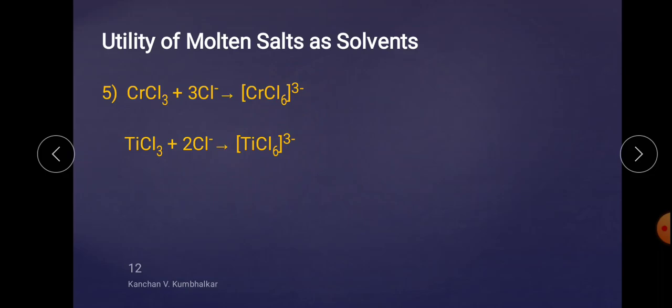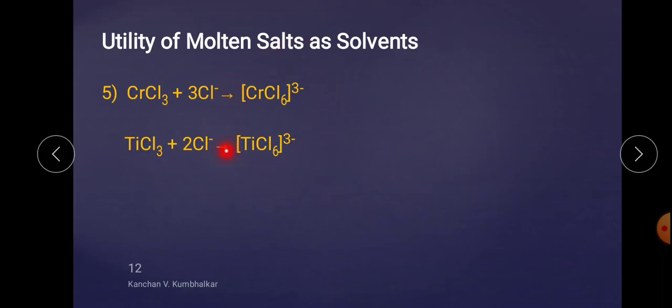Because they get hydrolyzed, but these species can be easily prepared by using molten metal chlorides as a solvent medium. When CrCl is combined with the molten chloride salt, there is a formation of the targeted complex, and there is no hydrolysis by this method. In an aqueous solvent, the compound forms, but it readily gets hydrolyzed, immediately converted into a hydrolyzed compound.